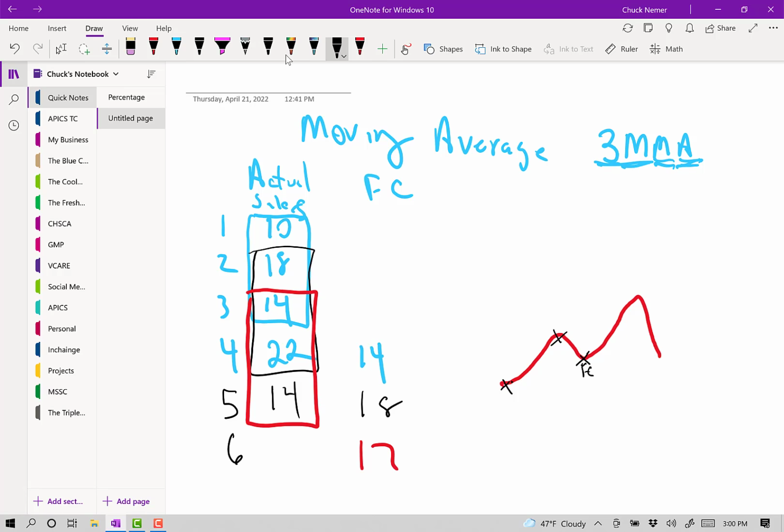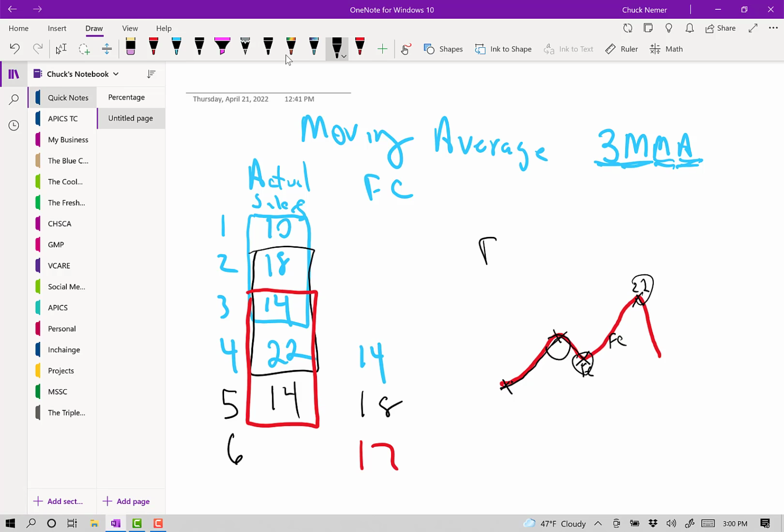So it's always looking behind and grabbing the last 3 data points. Sales goes up to 22 now, and we have to grab the last 3, so we're going to grab 22, 14, 18, add them up, divide by 3, and we get 18, so our new forecast is up here.